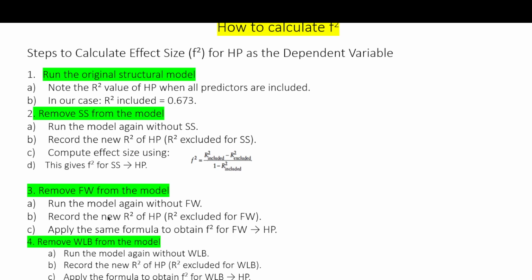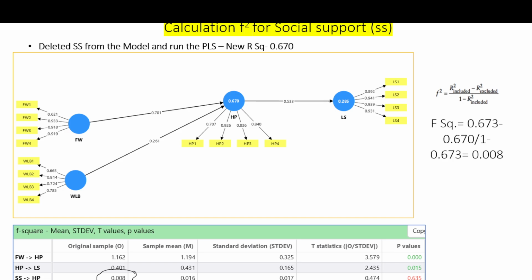And in order to compute the F square value for WLB, remove WLB from the model, run the model again without WLB, record the new R square value of HP, the R square excluded for WLB, and apply this formula to obtain the effect size for WLB with respect to HP. So these are the steps required to calculate the F square effect size for independent constructs in relation to the dependent construct.